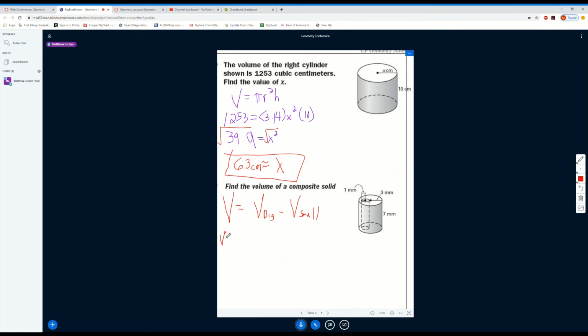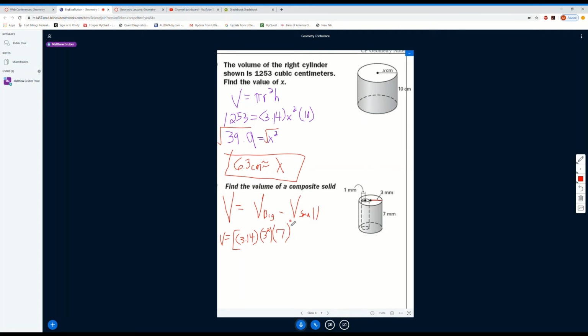So the volume, again, it's pi r squared h. So the big one is going to be pi, 3.14, times the radius. The radius of the big one is 3. So that's pi r squared, so 3 squared, times the height of the cylinder is 7.